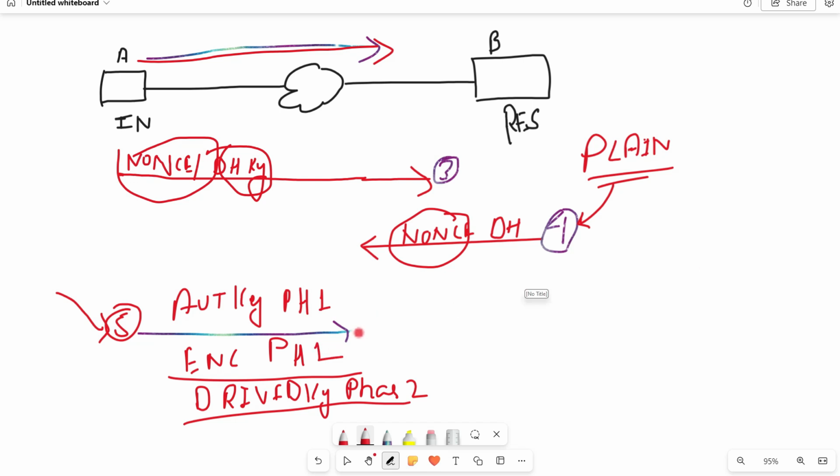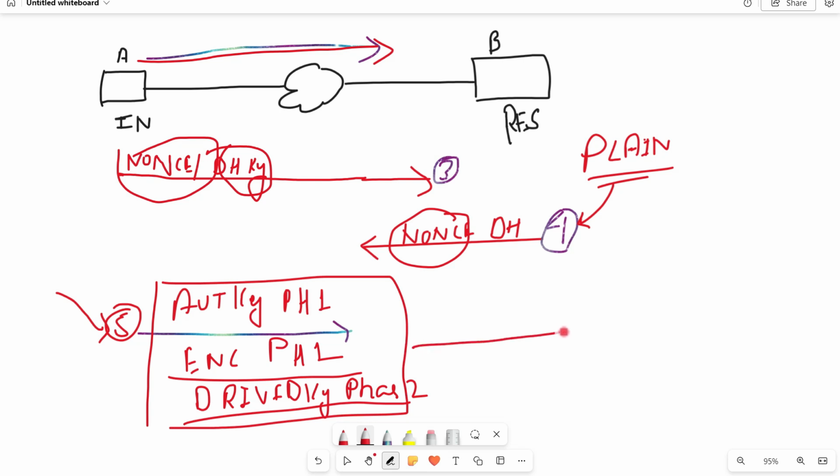So the fifth packet, the identification payload, is encrypted. Here the identification payload will be sent to the responder, and the responder will also send the identification payload plus hash payload.